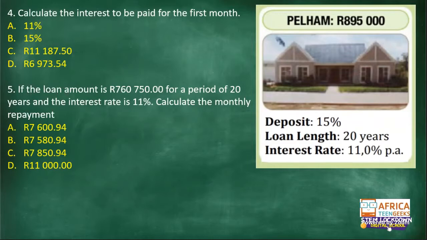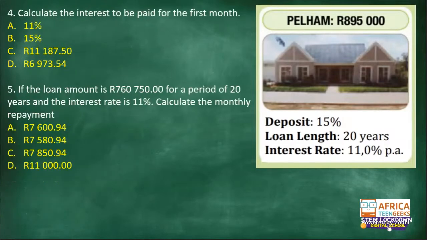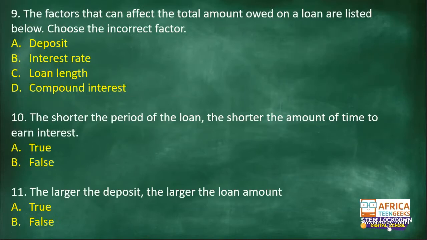And of course, we have also looked at the different scenarios there. The first being whether the amount which is owed on a loan can be affected by factors. Yes, there are different factors that can affect the total amount which is owed on a loan.